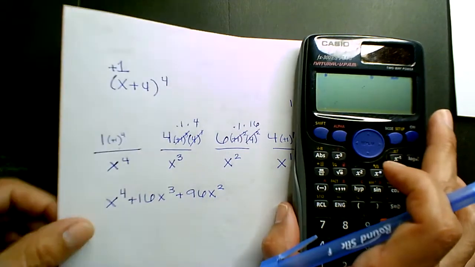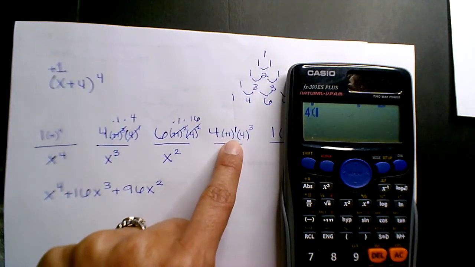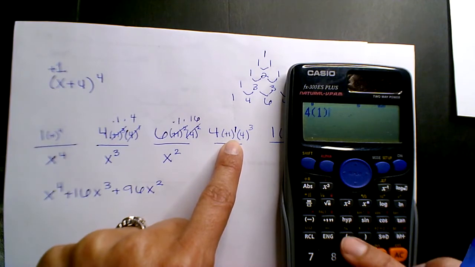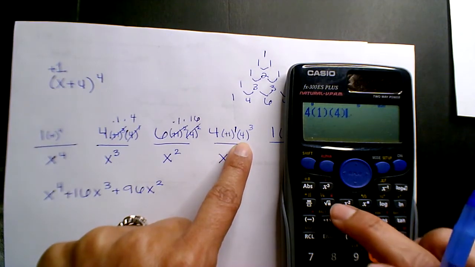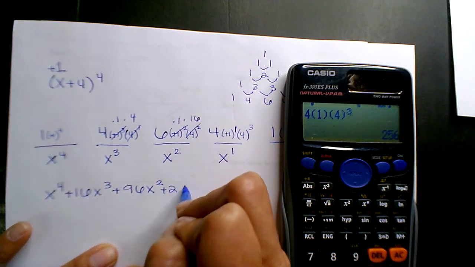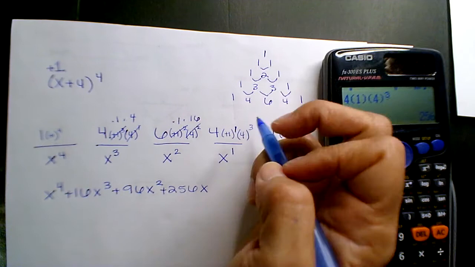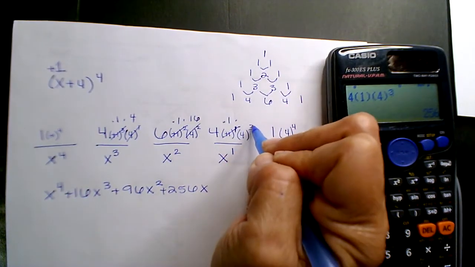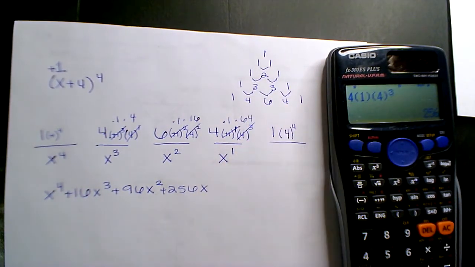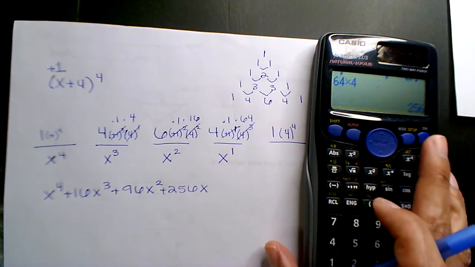Okay, next. 4, 1 to the 1, and 4 cubed. And you get 256. Or this is 1, and 4 cubed is 64. And 64 times 4 is 256.